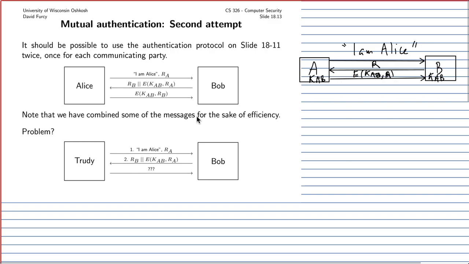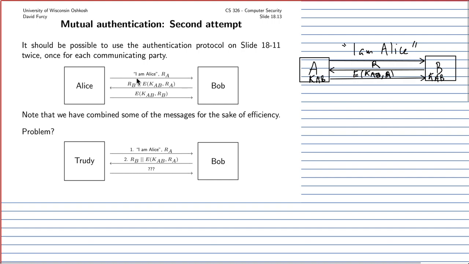Well, the first thing we did is we saved 2 messages by concatenating the identifier from Alice and her challenge to Bob in one message. So this is 1 message instead of 2. Similarly, we concatenated the response from Bob with his challenge.